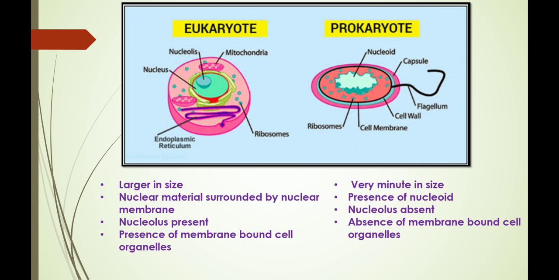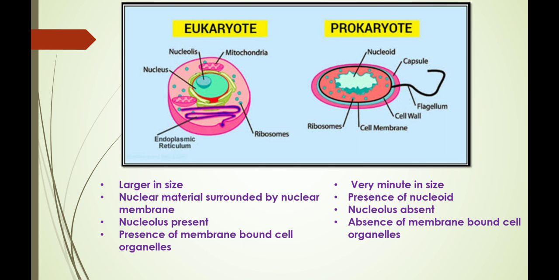Now, what is the meaning of true nucleus? True nucleus means the nuclear material will be surrounded by a nuclear membrane and the nucleolus will also be present in it. So, in case of eukaryotic cell, the nuclear material is surrounded by nuclear membrane and nucleolus is present in it.